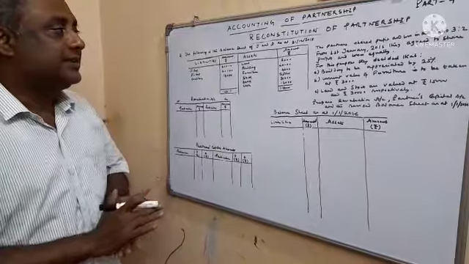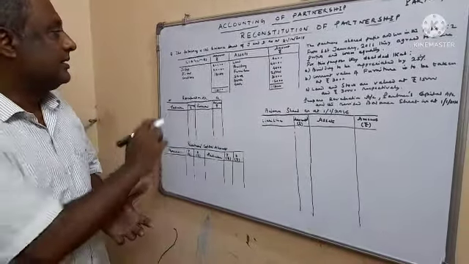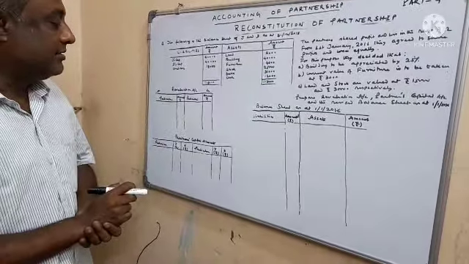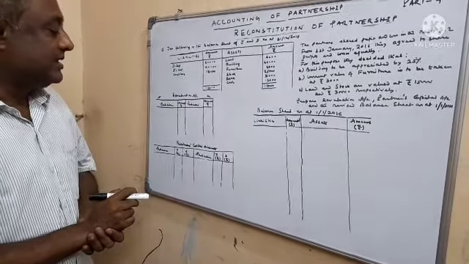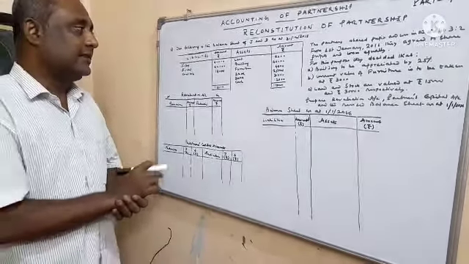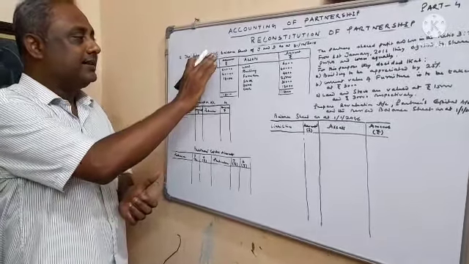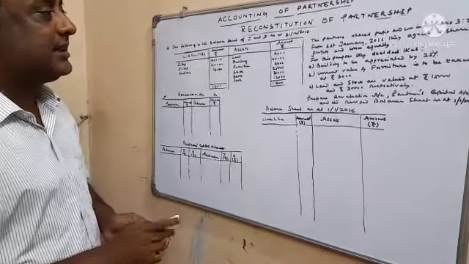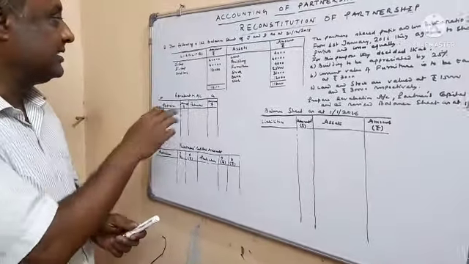One question has been given regarding revaluation account, balance sheet and capital account. The following is the balance sheet of J and D as on 31st December 2015.